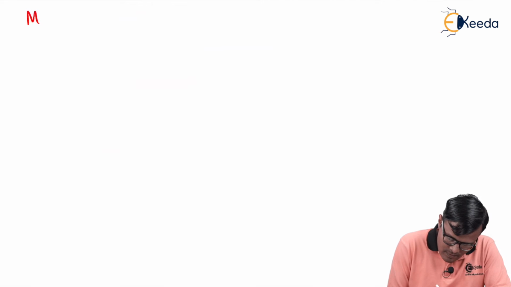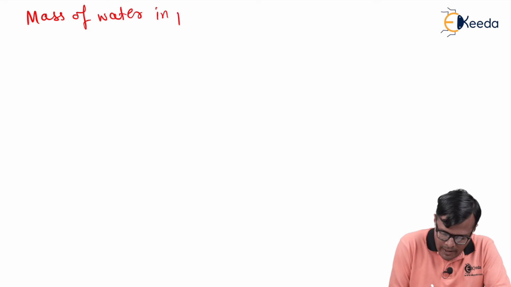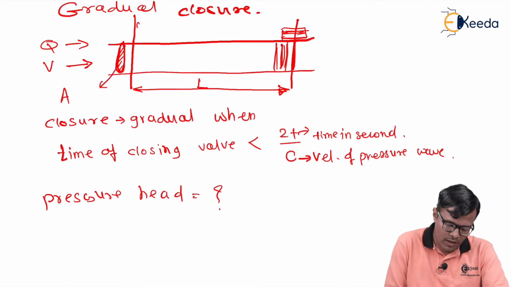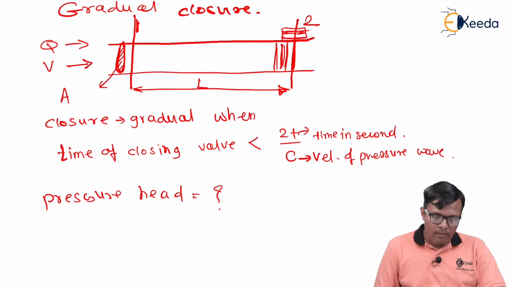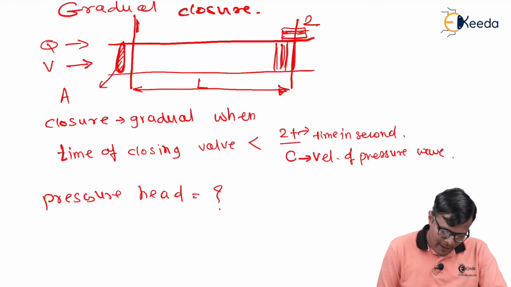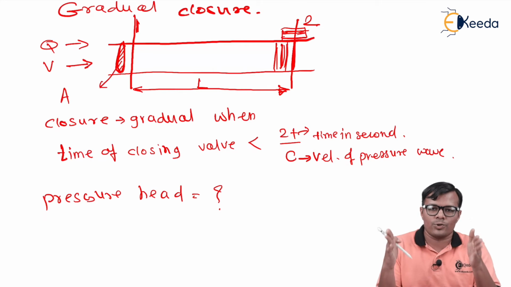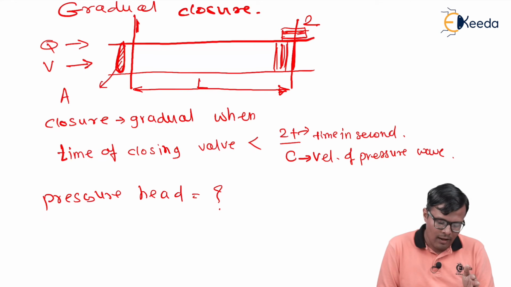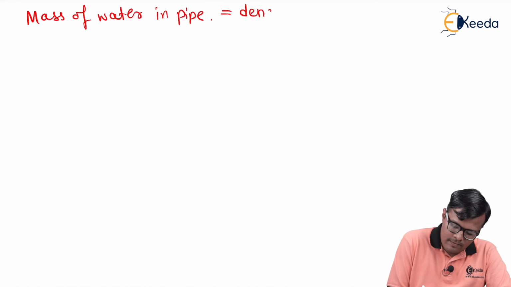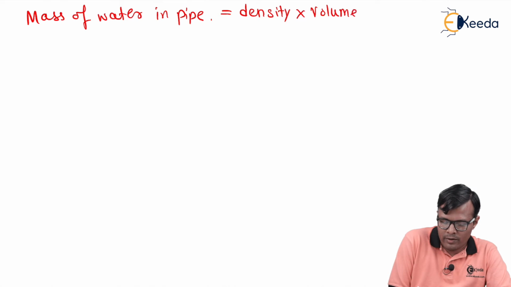Mass of water in pipe, we have considered two sections, section 1 and section 2. Mass of the water means self weight of the water. So self weight of the water can be calculated as water which is stored between a particular length L. So basic formula to calculate mass of the water is density into volume of water.